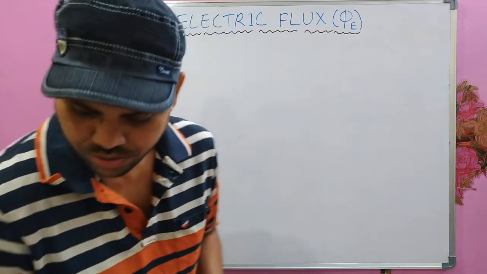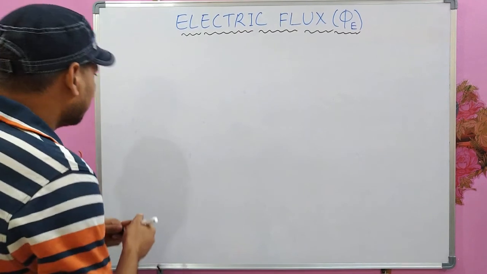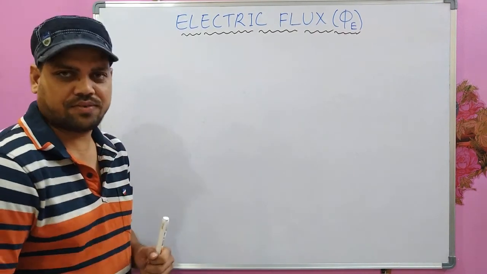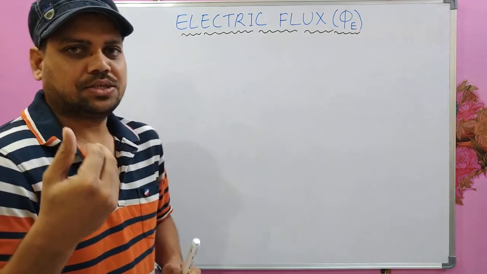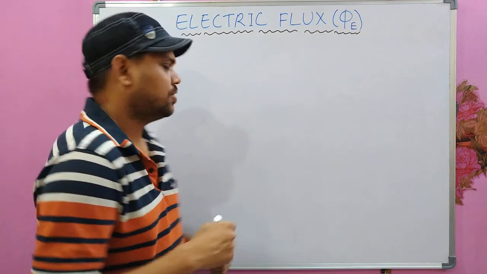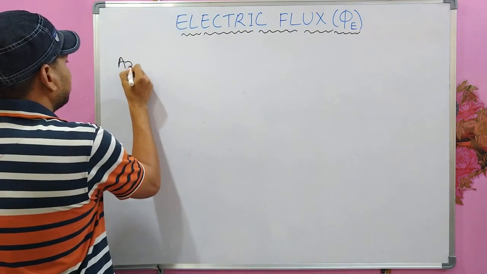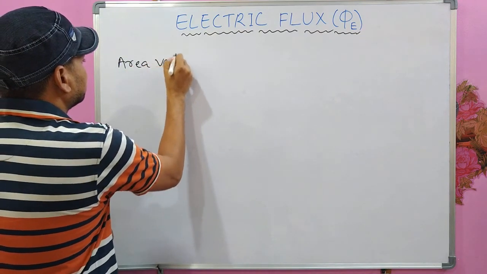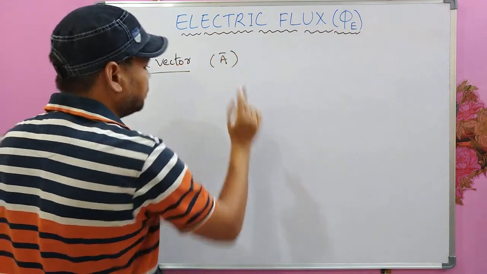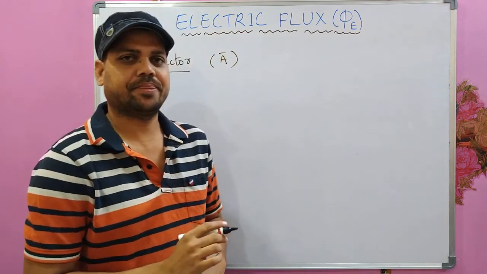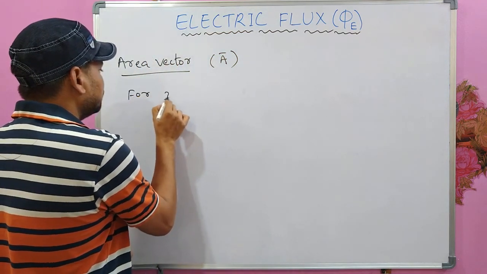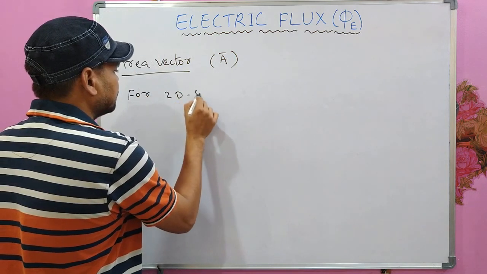Let us see first the area vector for different kinds of surfaces, that is two-dimensional surfaces and three-dimensional surfaces. The area vector is denoted with A bar.